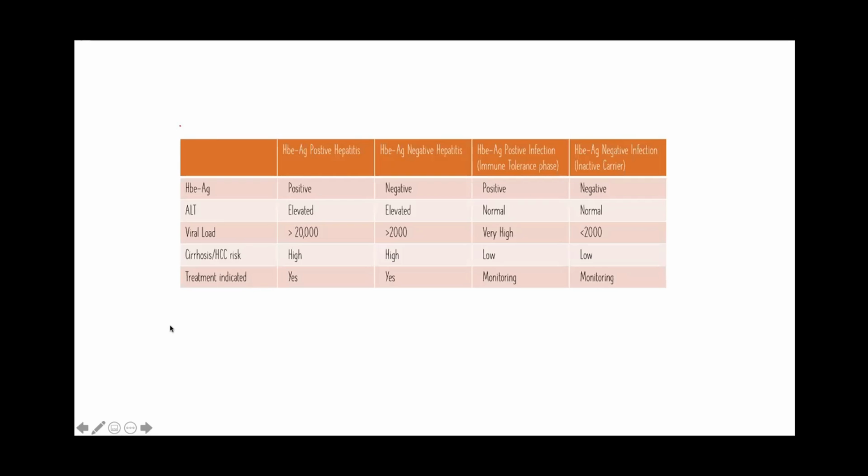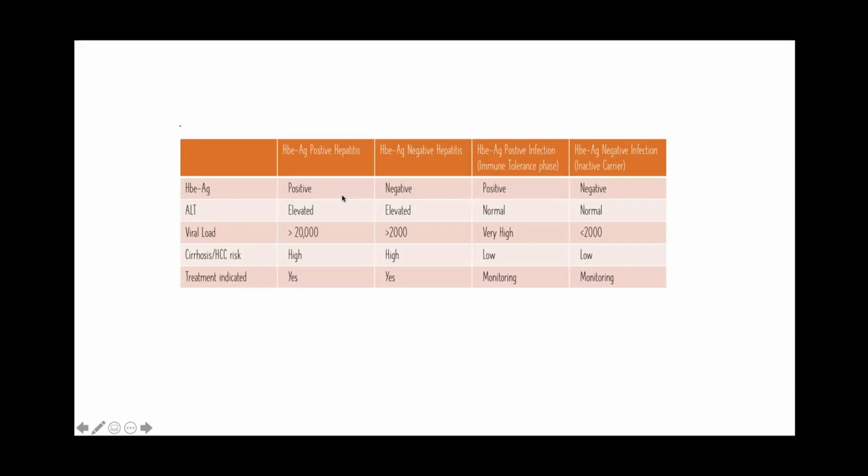So this is the new classification of Hep B. We used to have other phases and terminology, but it's not used anymore. It's only now hepatitis versus infection. Hepatitis means that you have elevated ALT, AST, and infection means that you have the virus, but it's not active. It's not causing necrosis or inflammation, which means that ALT, AST are normal.